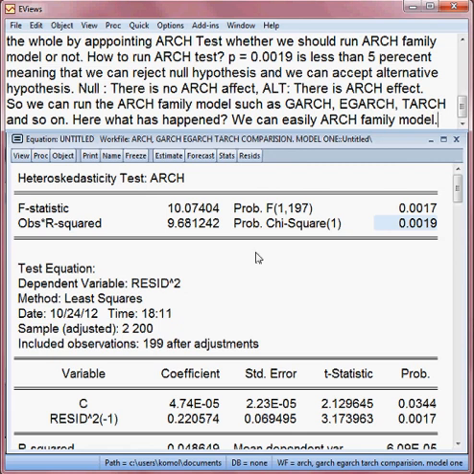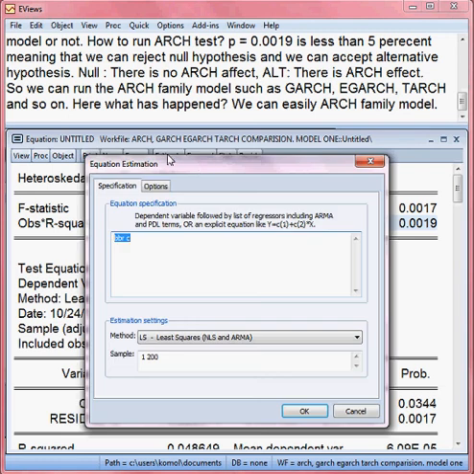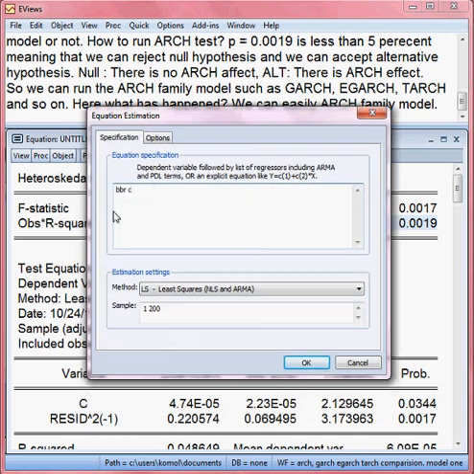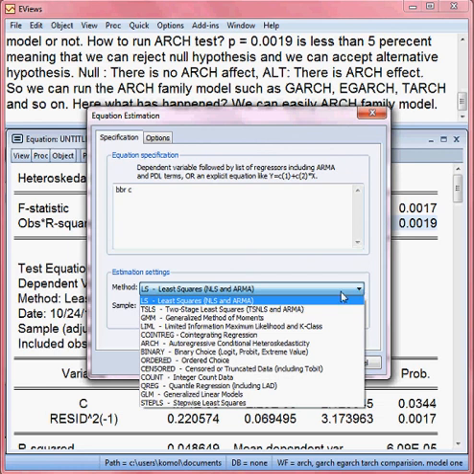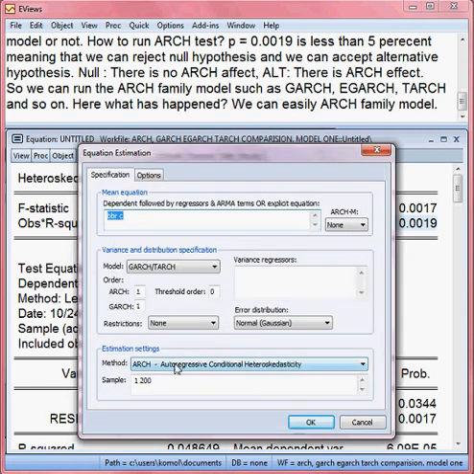Okay. So I go to Estimate. You can see Estimate here, right? I click on Estimate. Then this is my dependent variable, and this is the constant. And from here I choose the ARCH family model. You can see there are many options.